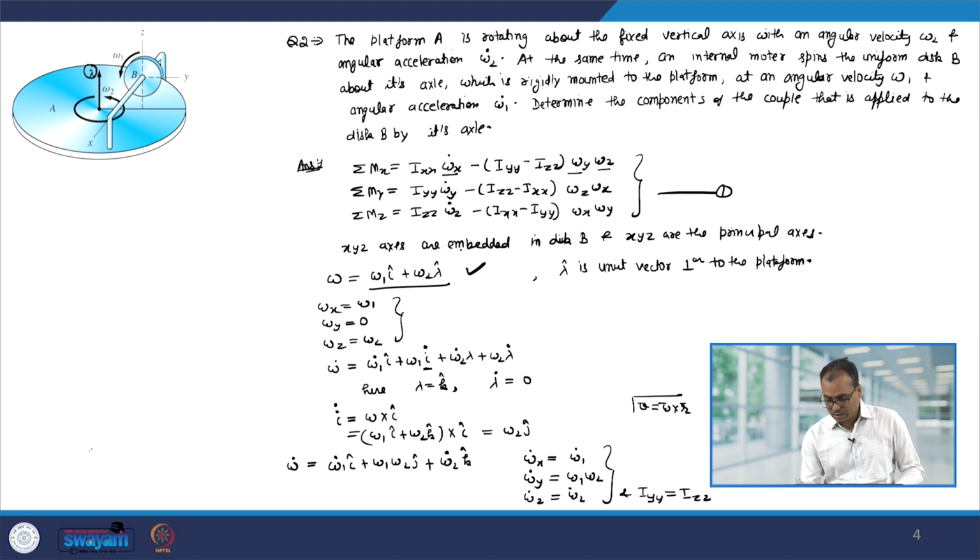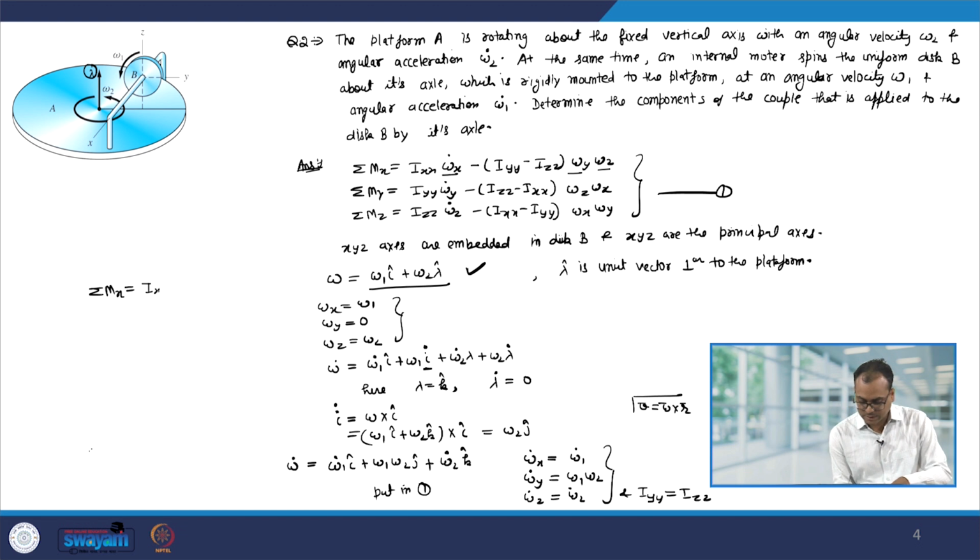Let us put this in the Euler equations. We have summation Mx equal to Ixx omega 1 dot minus, now omega y is 0, so this term is 0, and therefore this is equal to Ixx omega 1 dot.